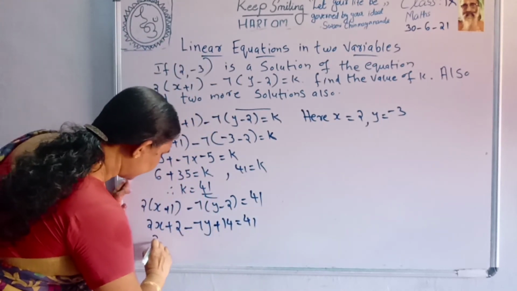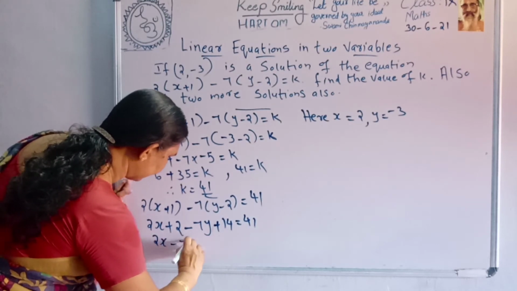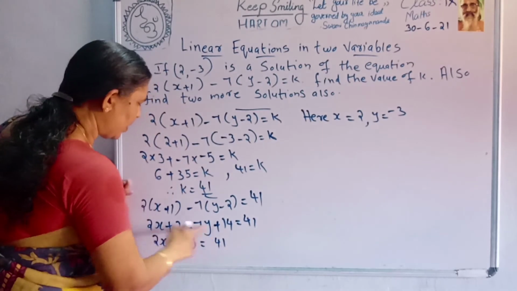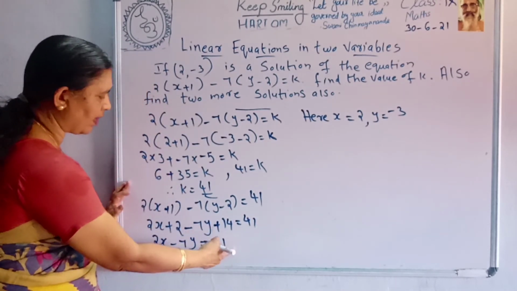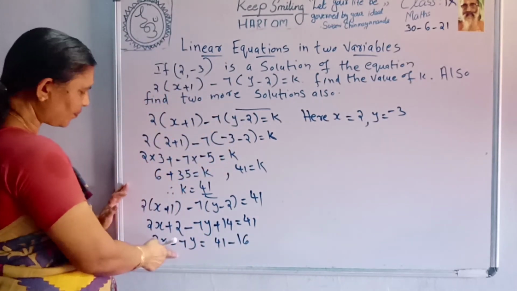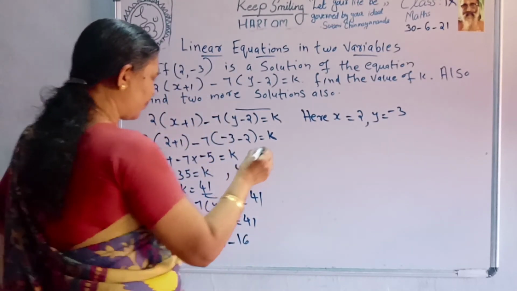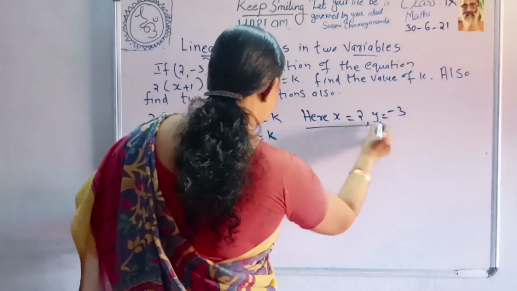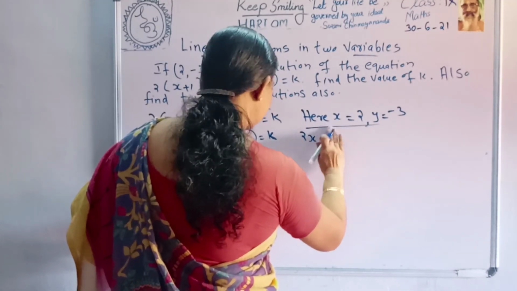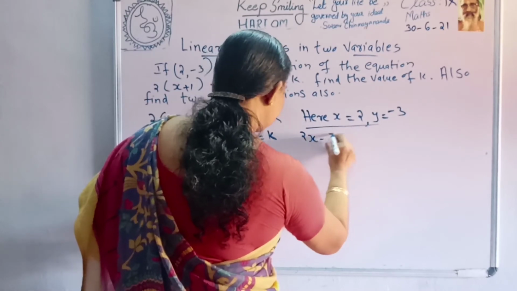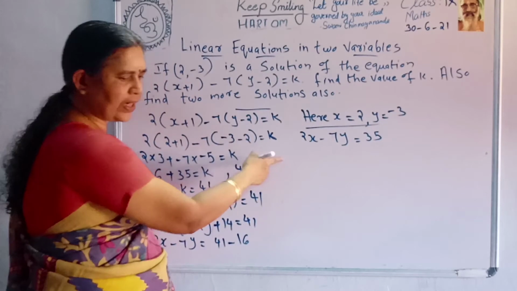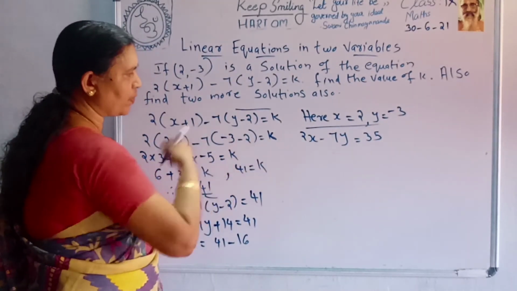If we transpose this 16 to the RHS, it is minus 16. Then what is the equation? Therefore, the equation is 2x minus 7y is equal to 35. Therefore, we got the equation 2x minus 7y is equal to 35.